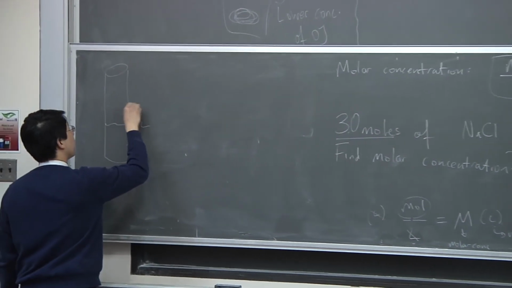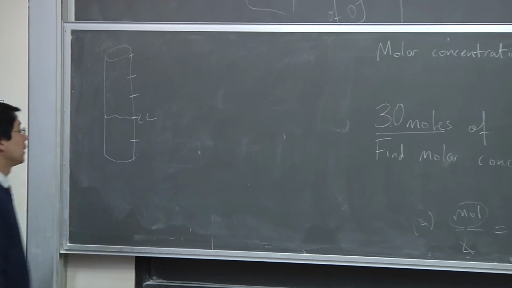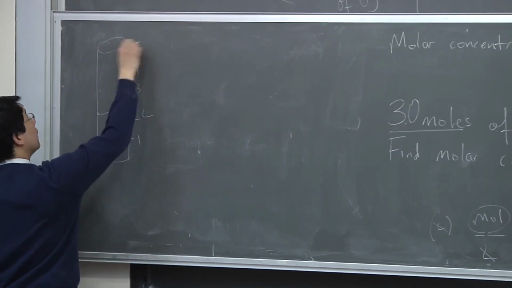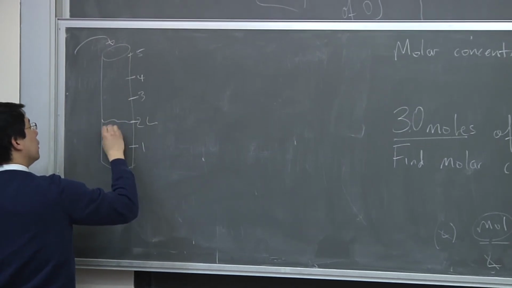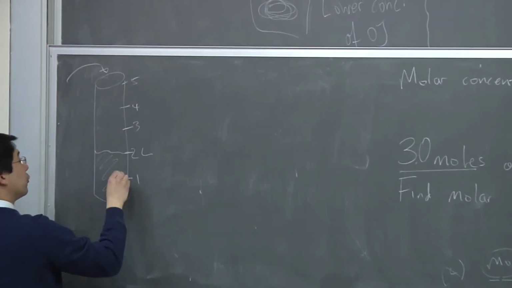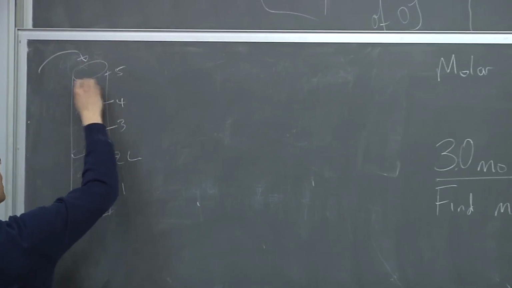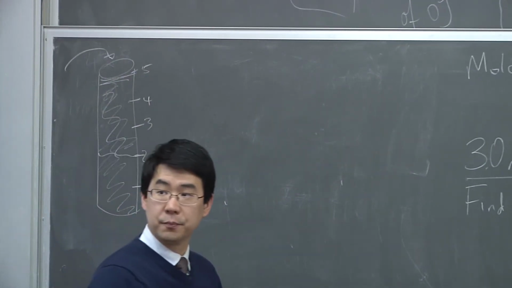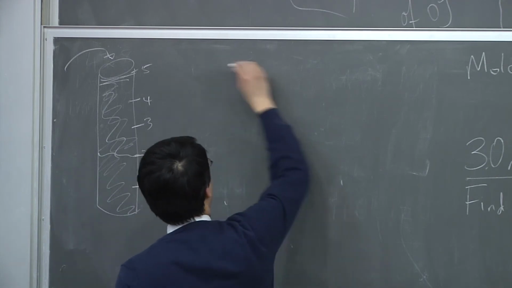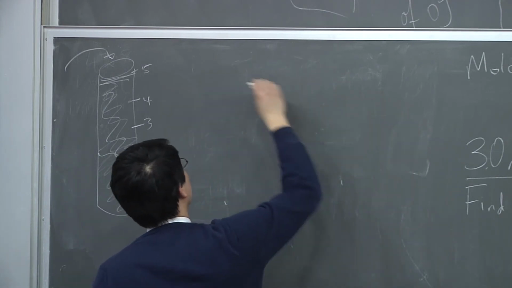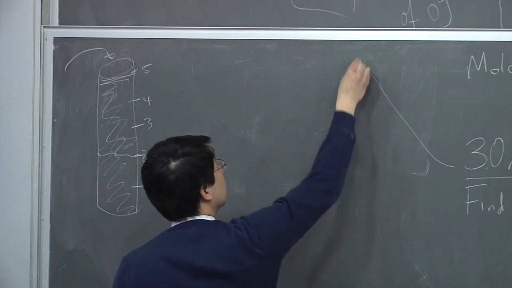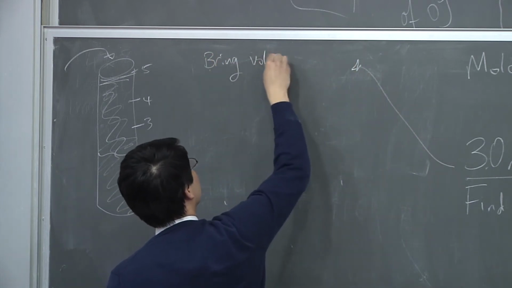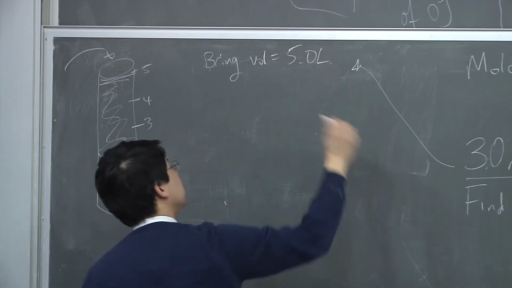Then I add water, so now it's all the way up to the 5. What's the new concentration? I take my 3 moles in 2 liters, and then I bring the volume to 5 liters.